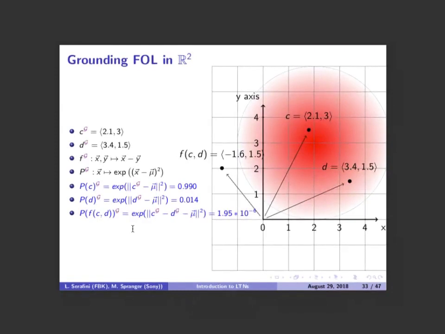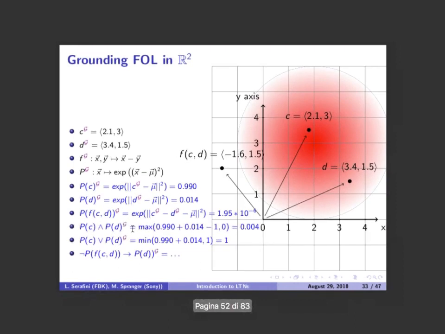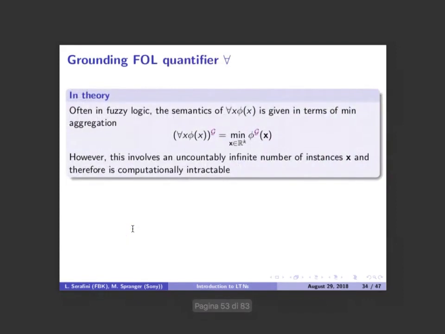And also P of F of CD, definitely not the case, right? And so on, where I can do P of C and P of D, P of C or P of D, I can do an implication, for negation, and so on. So just the whole machinery for the fuzzy logic applied to this specific task here.